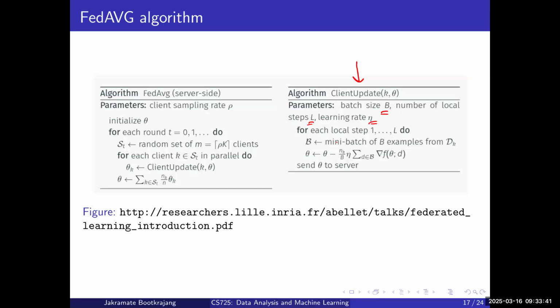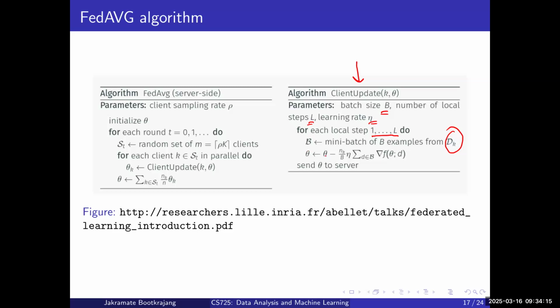And for the client, they will do 1 to L iterations. And in each iteration, they will sample the data from their dataset into a batch, right? So say the batch size is 32. If they have 100, it's going to sample randomly 32 examples from 100 images.